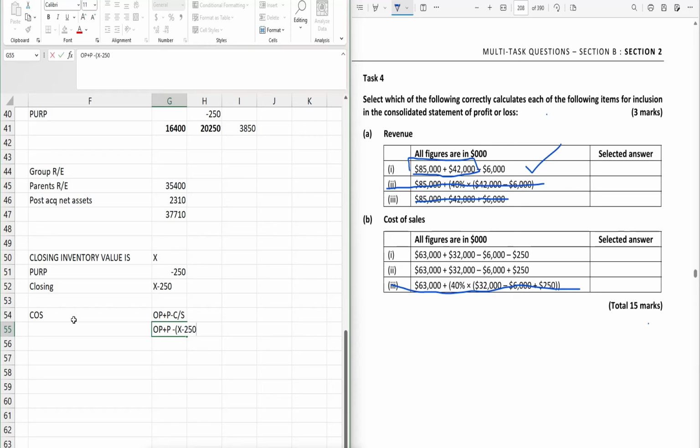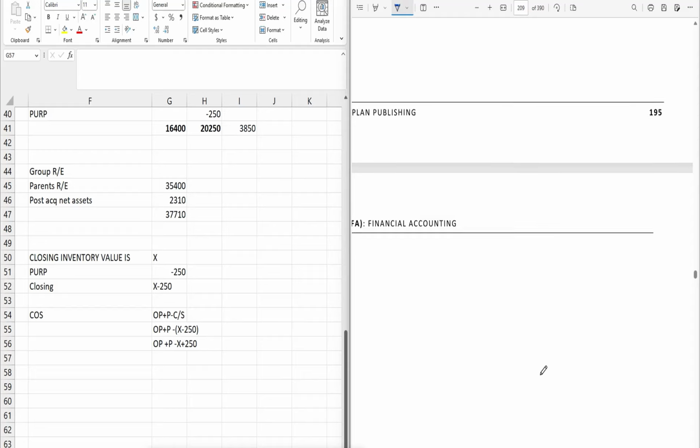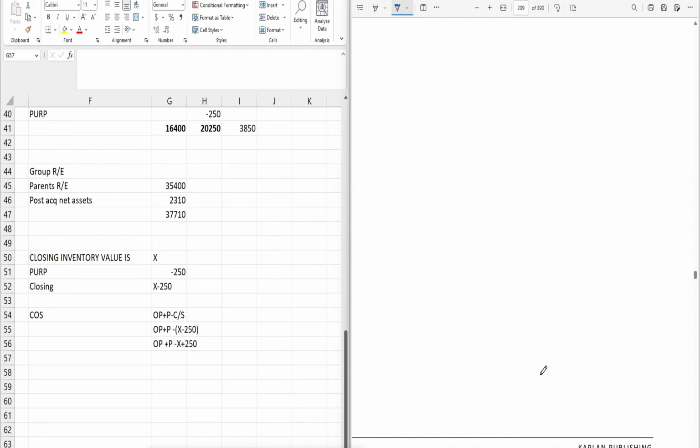Now if we open the bracket, it will be minus X, but minus times minus gives plus, so it will be plus 250. That's why we are adding 250 here, not subtracting. So the second option seems to be correct. So we are done with this question.